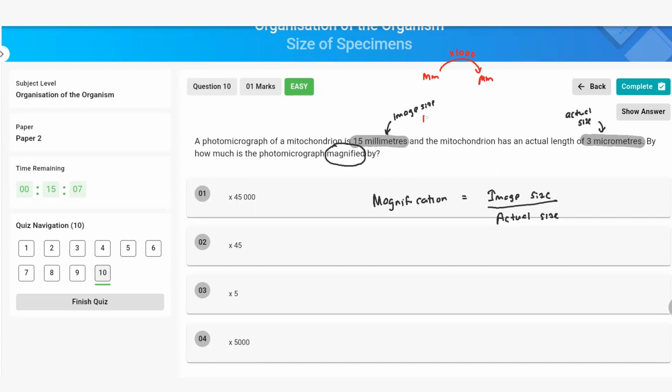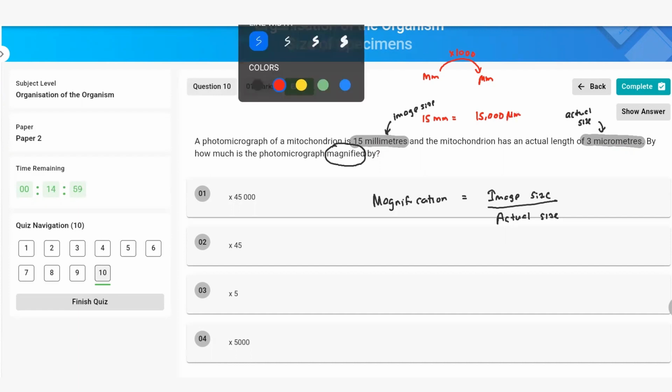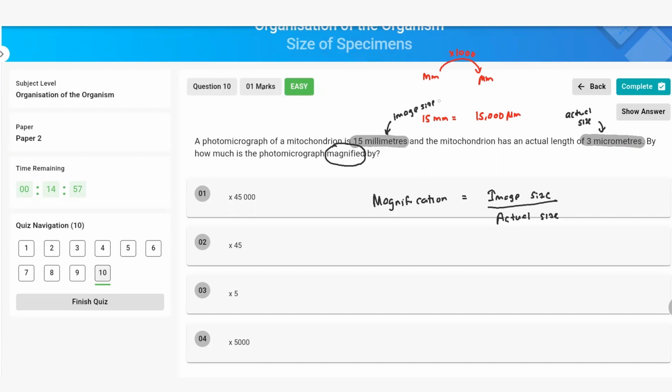So 15 millimeters would be equal to 15,000 micrometers. So the image size is actually 15,000 micrometers.